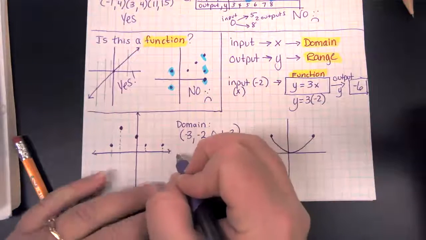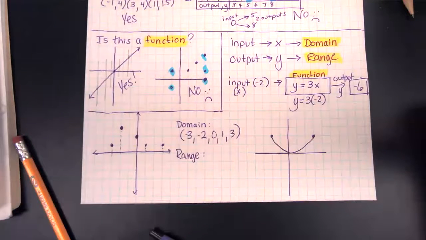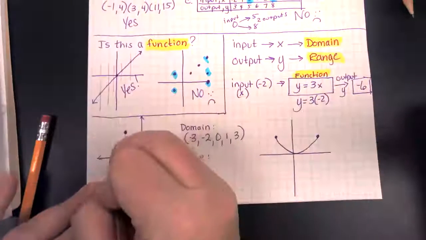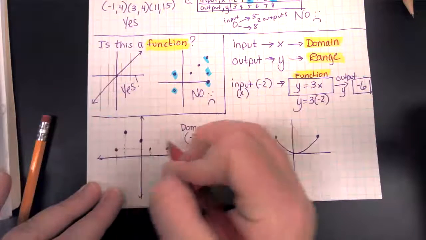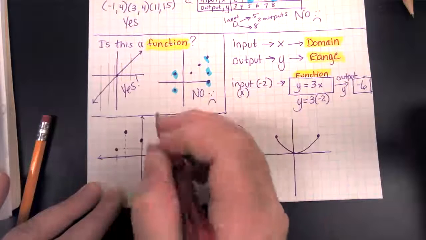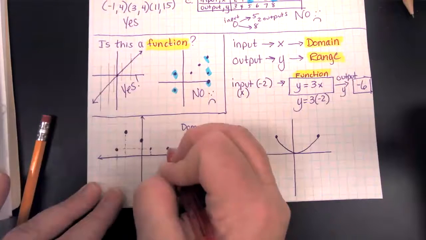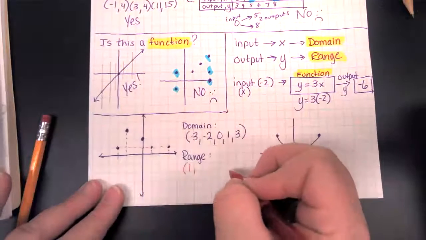My range values would be all my Y values. Let's see, that's a 1. So is that one, so is that one. I don't have to mention it more than once.